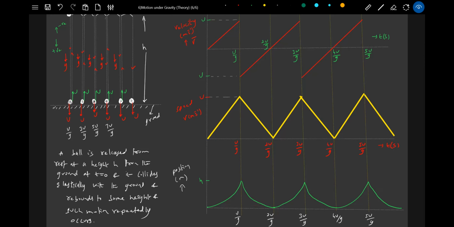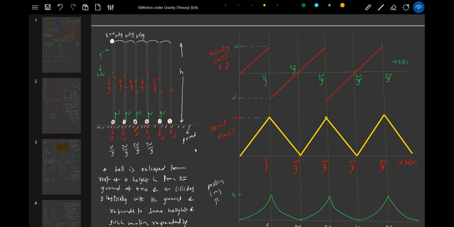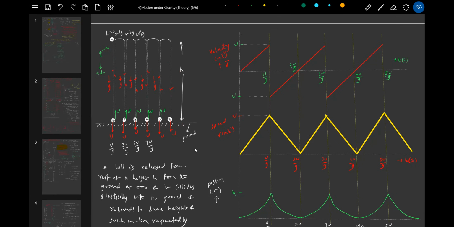Like this for a body projected, for a freely falling object. So we can write these particular graphs here. This is for a body released from a height h at t equals 0.